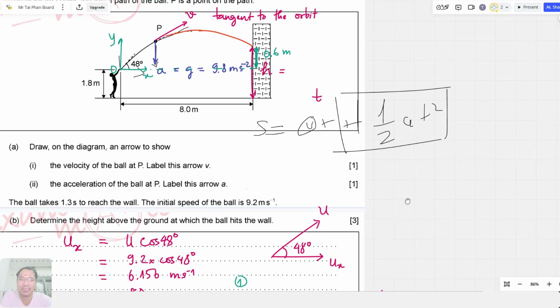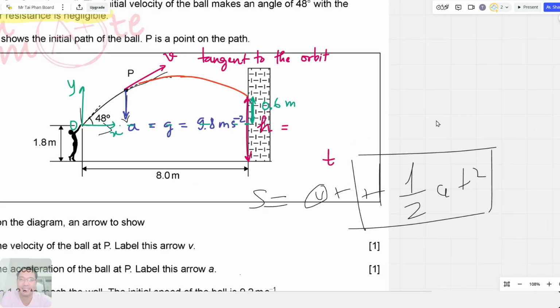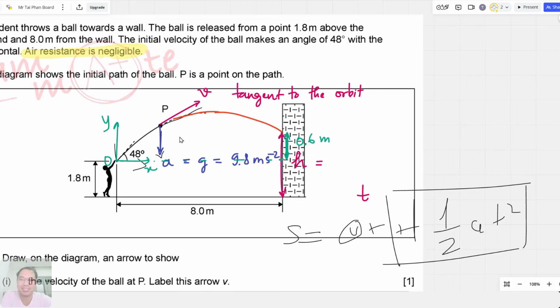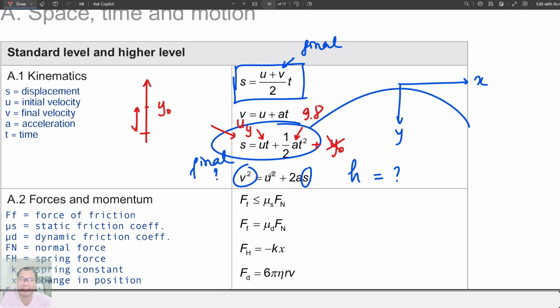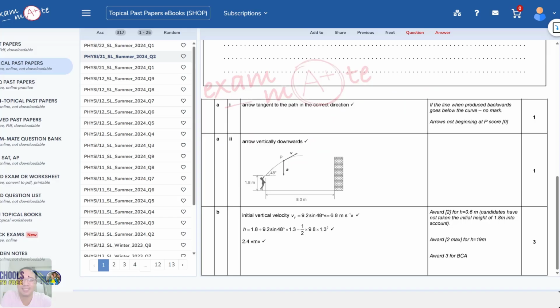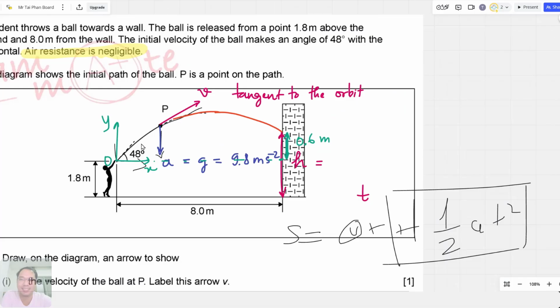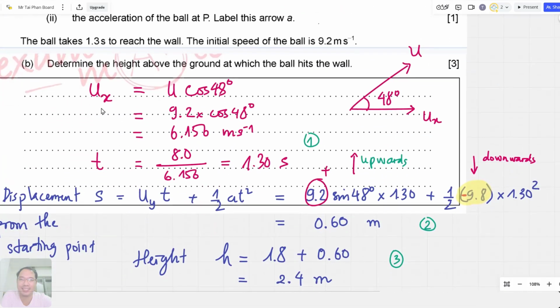Okay, so the point that I would like to recap and emphasize one more time is that the 4 formulas given in the booklet are applicable only for one-dimensional motion. And for this projectile motion of an object, the ball, in 2 dimensions, horizontal and vertical, we have to separate the 2 movements in 2 directions to analyze them.